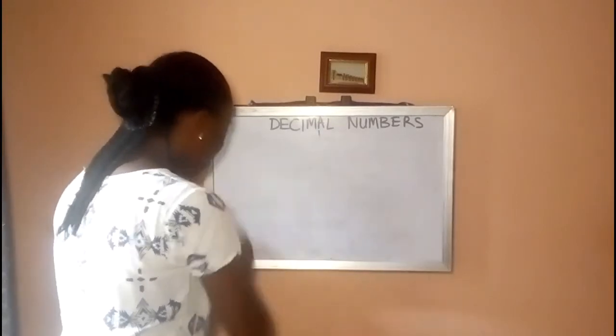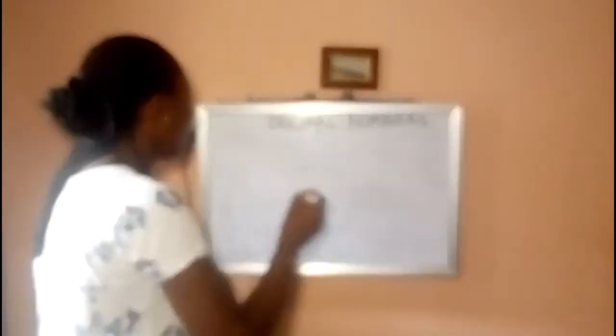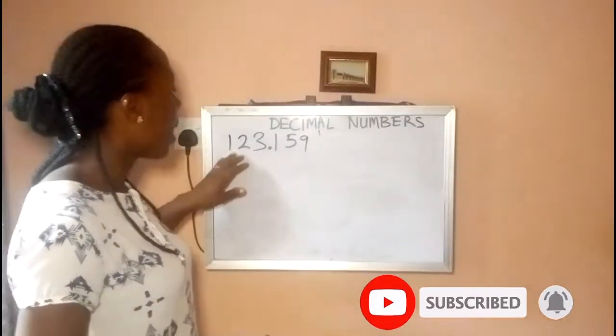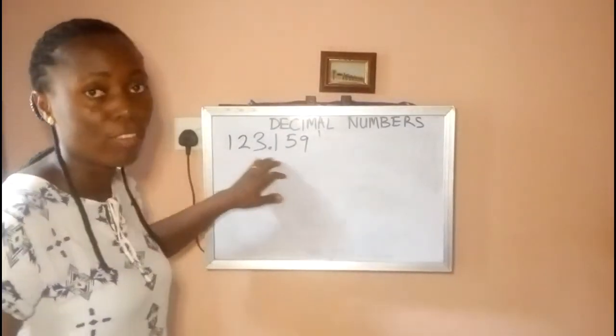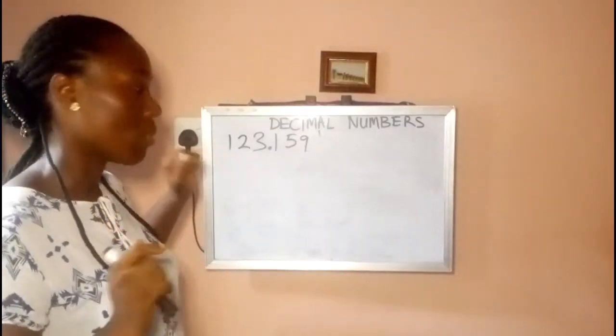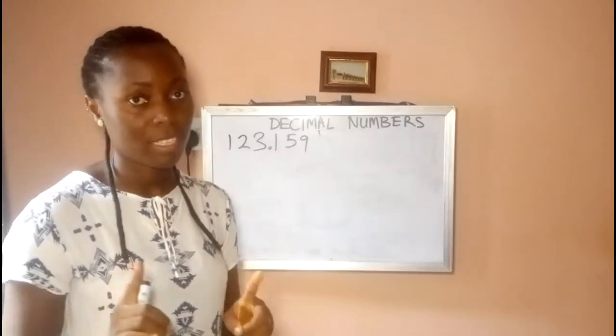Now let's pick one of the numbers we have just written down. 1, 2, 3, 1, 5, 9. Remember my decimal point here. Now, how do I know the place value of each digit here? I'll still use my simple method, but there'll be a slight difference.